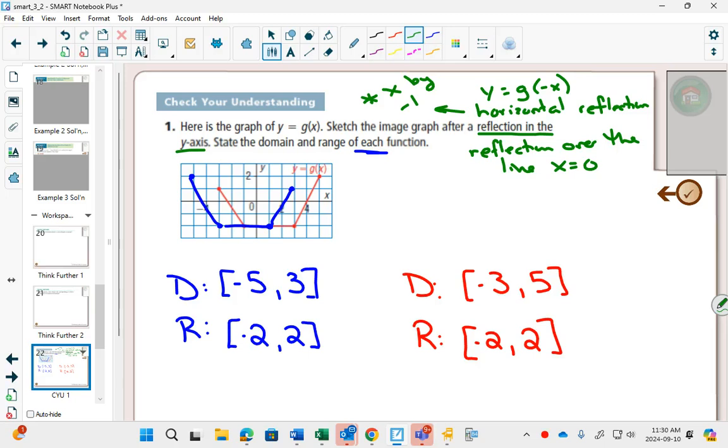We started with the picture, reflected the picture, then did the domain and range. But if we started with the domain and range, could you do the new domain and range? And you'll get questions that start you off in different places. So it's just something you have to think about. It's not extremely hard, but just making those connections as we go.